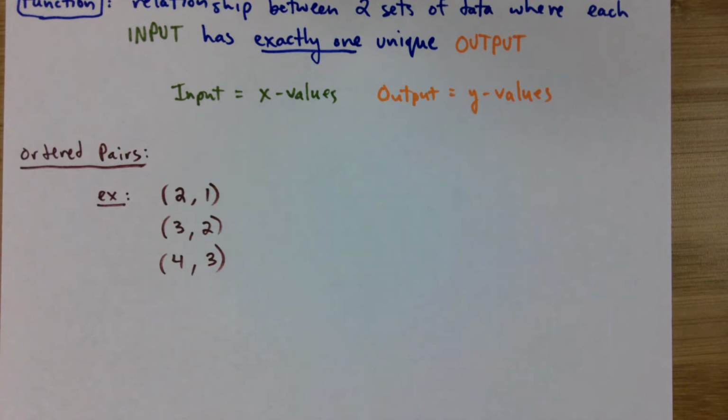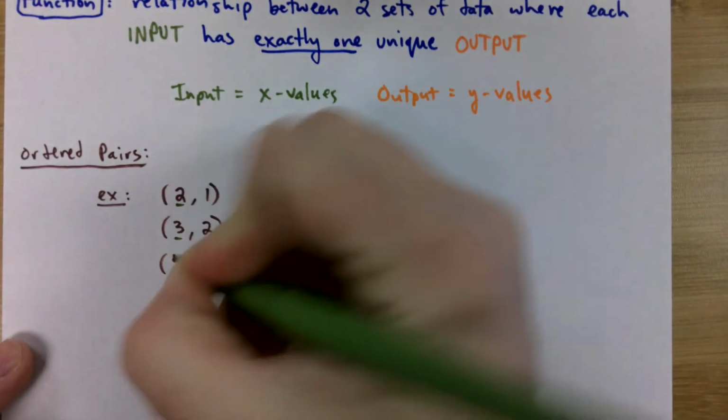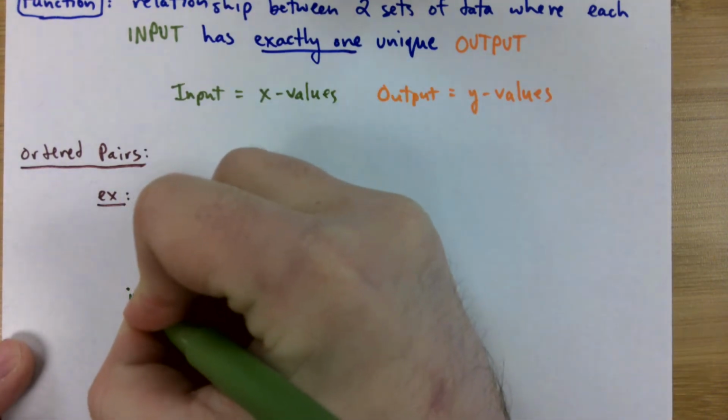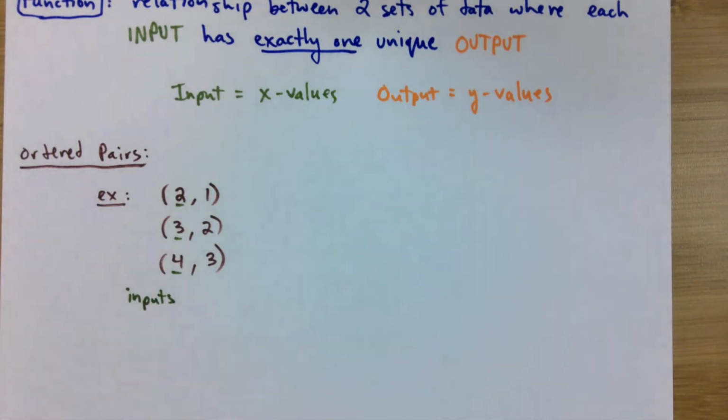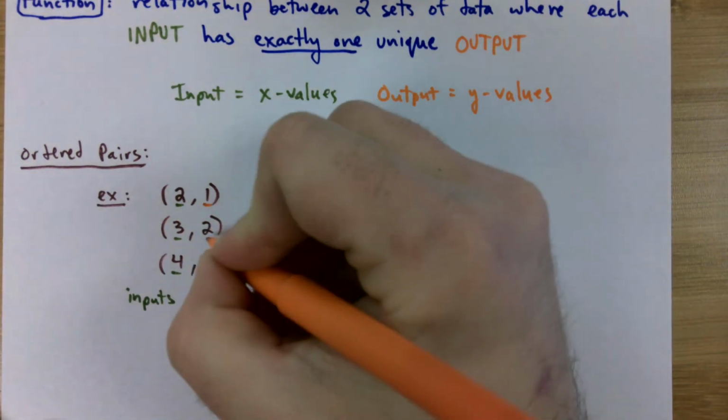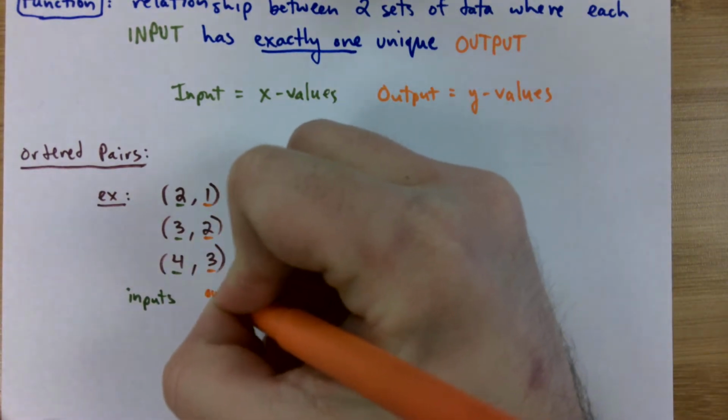Do we see any repeating x values here? Are there any multiples of our inputs? No, we've only got 2, 3, and 4. Right? 2, 3, and 4, those are all our inputs. And then our y values, 1, 2, and 3, those are all our outputs.